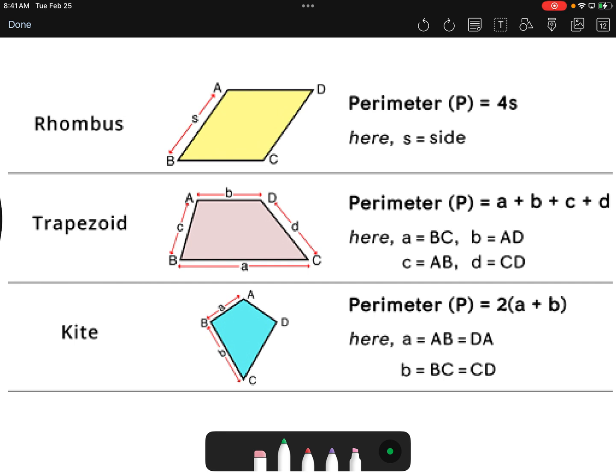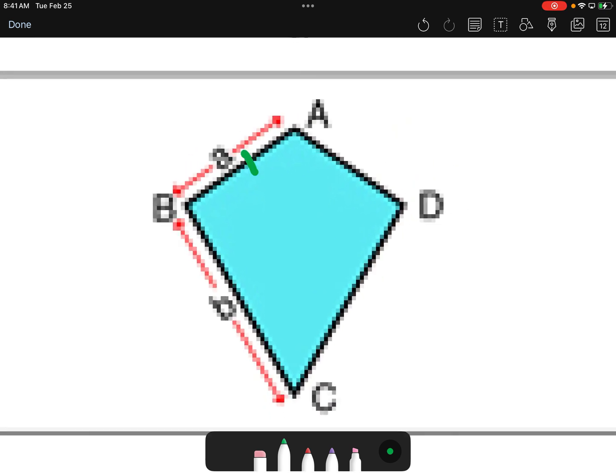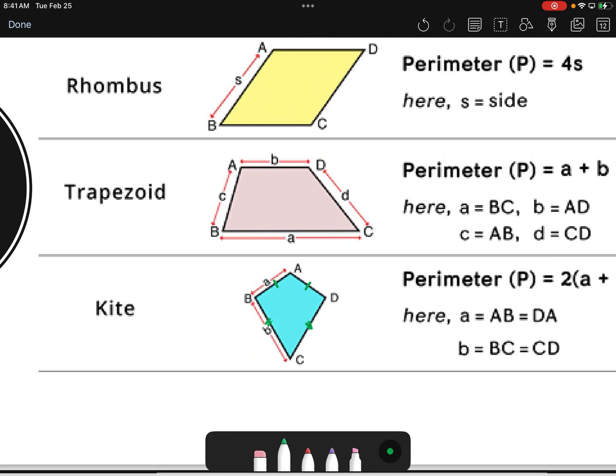For a kite, it is going to be 2 times A plus B. Okay, and I'm going to zoom in just real quick on this one, and then I'll zoom back out so you can look. Okay, this side here and this side here are congruent on a kite, and these 2 sides are congruent. So to save time, they go 2 times the value of A plus B. Okay, so that's what they're doing there.